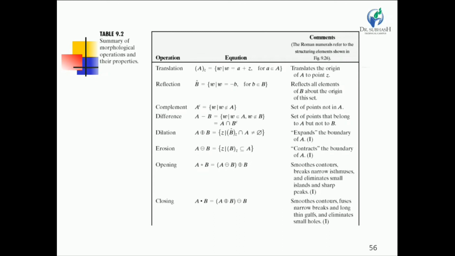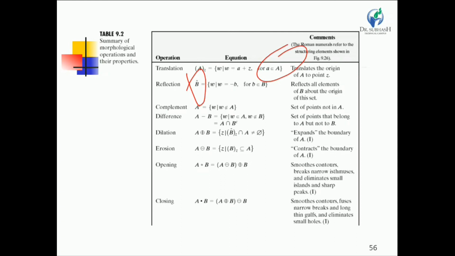The function of translation is W equal to A plus Z, where A belongs to capital A, and it translates the origin of A to point Z. The second is reflection: the reflection of B equals W, where W equals minus B and B belongs to capital B. It reflects all the elements of B about the origin of the set.